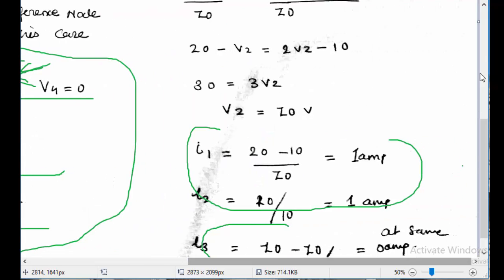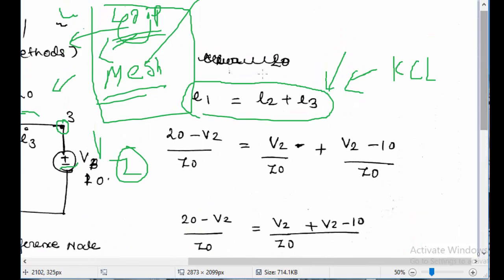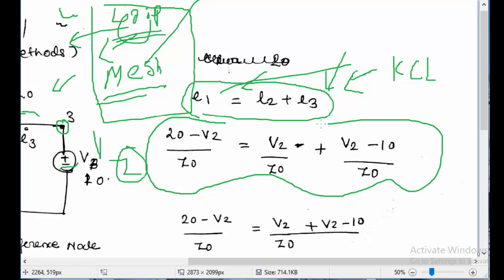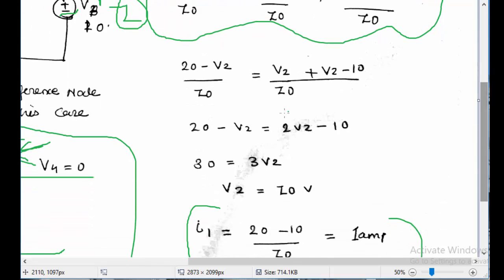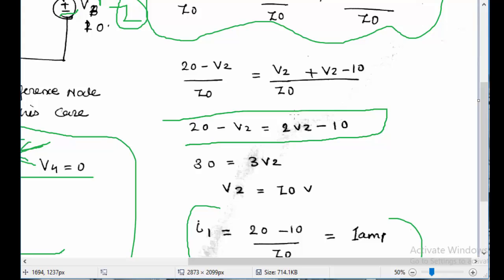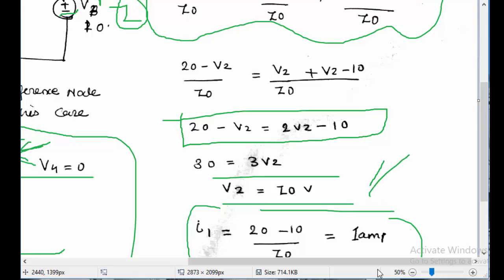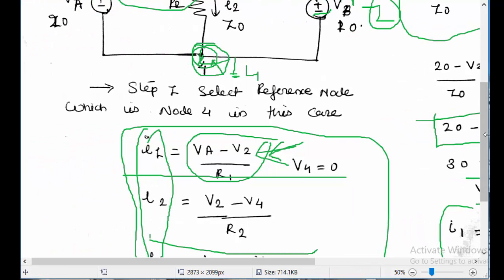Then you used the KCL to write down the equation at that one node. After substituting the values for I1, I2 and I3, you can easily find the value of the voltage V2 after solution. So you have got the voltage of one of the nodes, that is node V2.